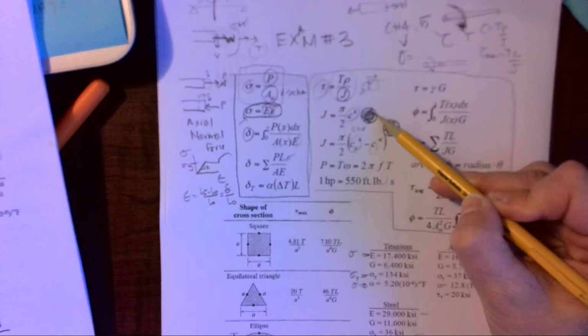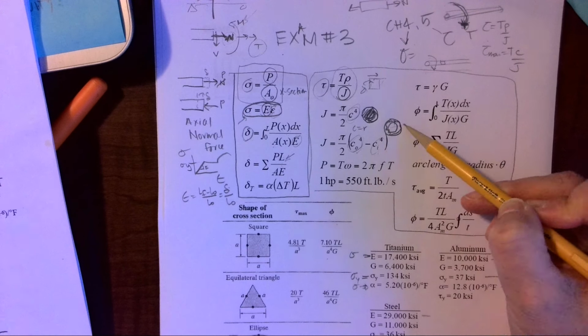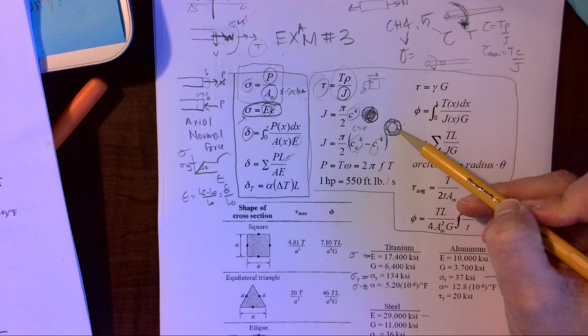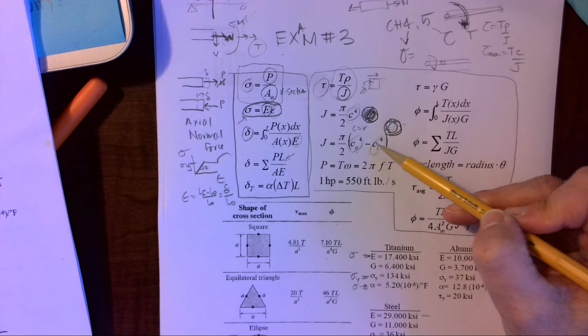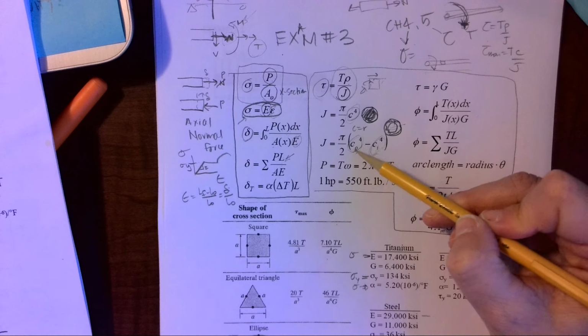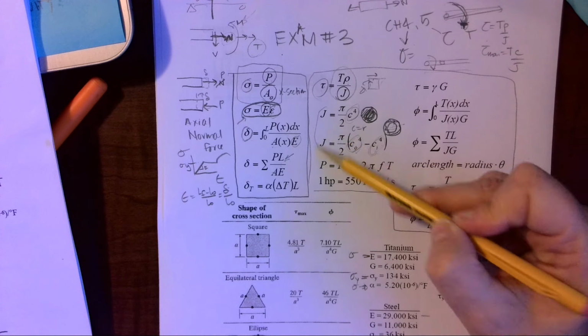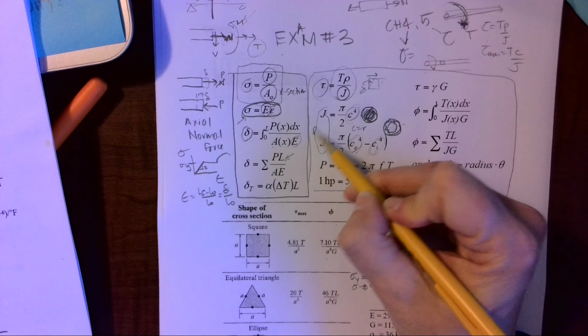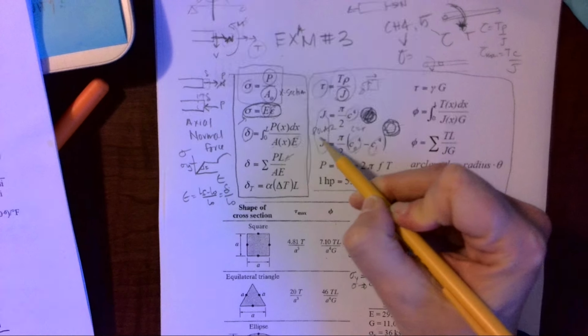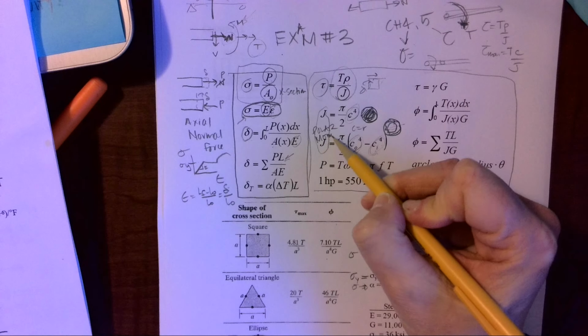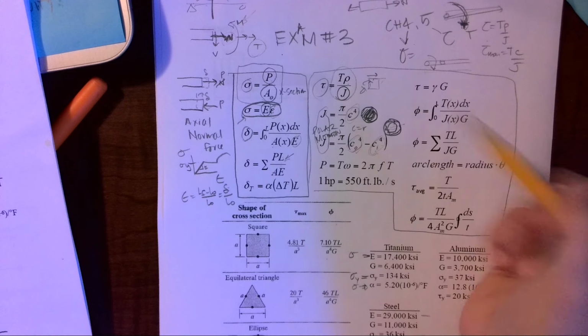Here we have the outer radius. Here we have the inner radius. It is not C outer minus C inner all to the fourth. It is C to the fourth minus C to the fourth. J, polar moment of inertia. So it is just standard for a cross section.